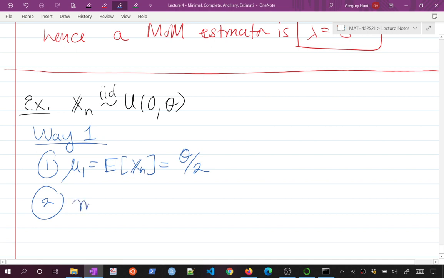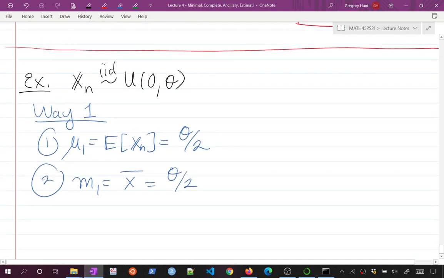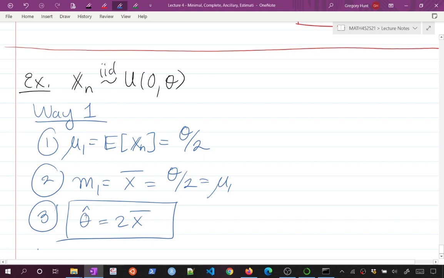And m1, the first moment, is x bar, which should equal theta over 2, so that's my setup of my equation. And so my estimator, if I solve the equation, theta hat would be 2 x bar. Okay, so that's one way of getting a method of moments estimator.